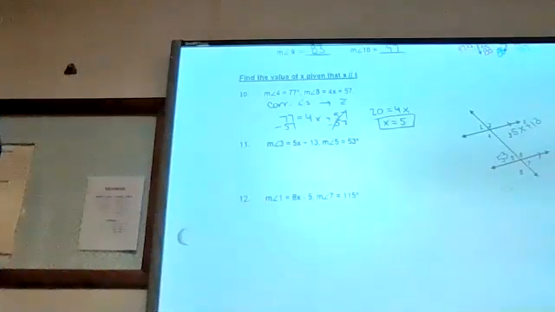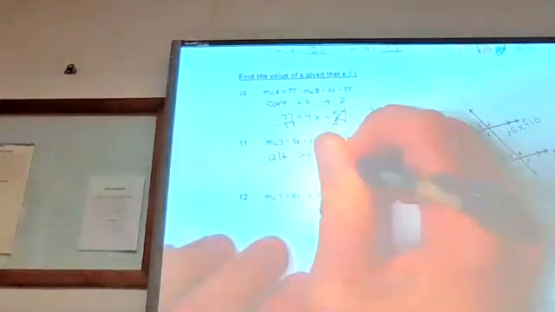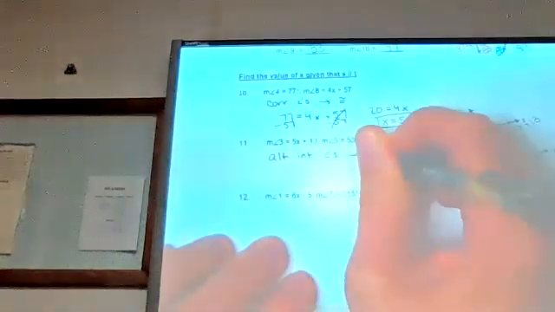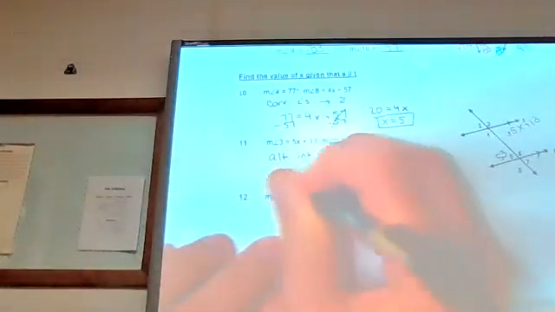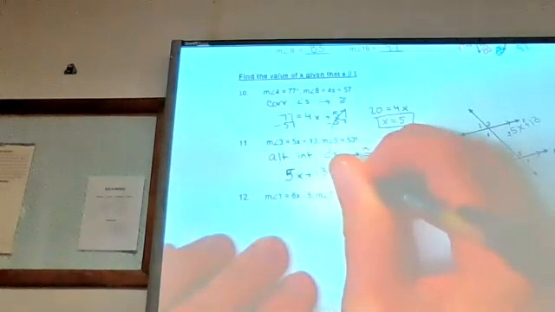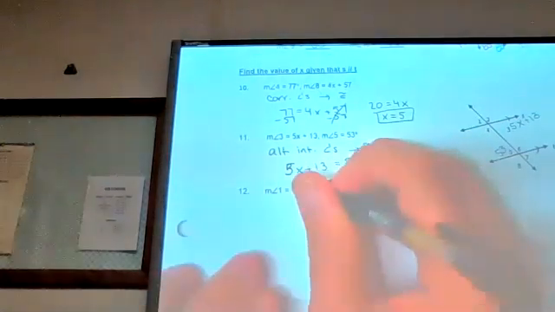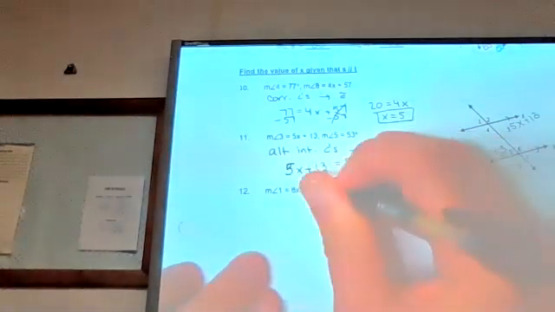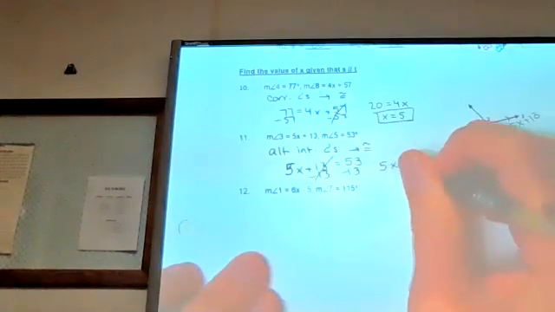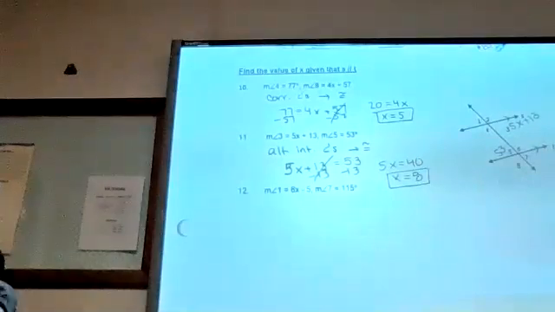Okay, so I have to go through that thought process first. Alternate interior angles are congruent, which means that angle 3 is equal to angle 5, so 5x plus 13 equals 53. And subtracting 13 from both sides gives me 5x equals 40, or x equals 8.